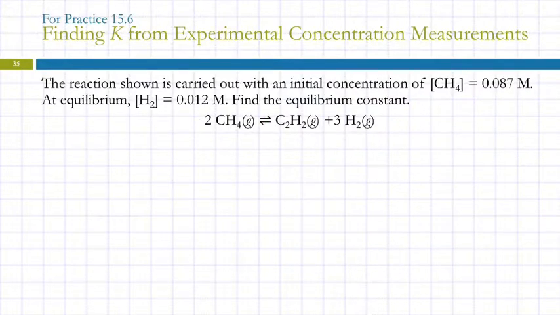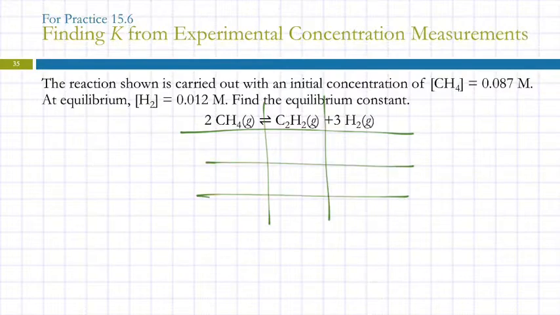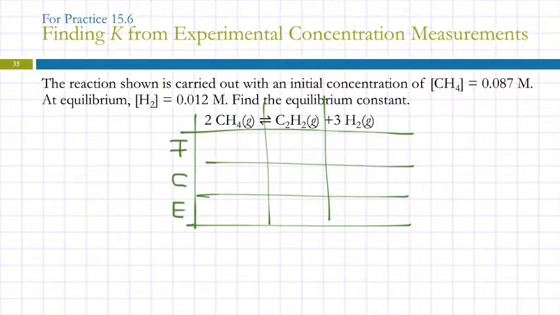Let's do another example. Reaction shown is carried out with initial concentration of methane of 0.087. At equilibrium, the hydrogen concentration is 0.012 molar. Find the equilibrium constant. So again, ice table. So initial concentration of the reactant, 0.087.